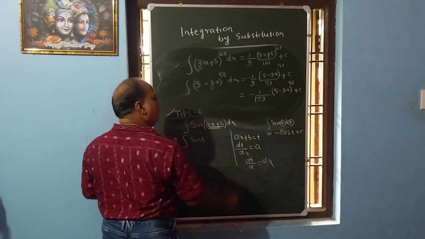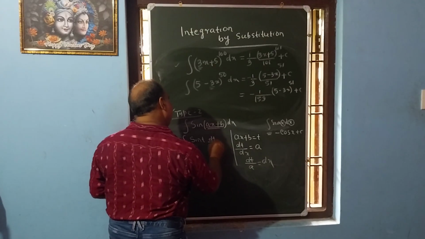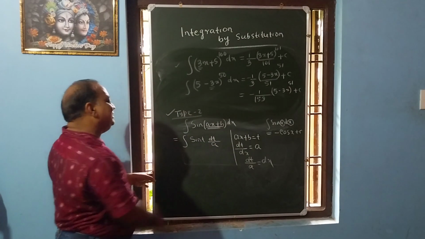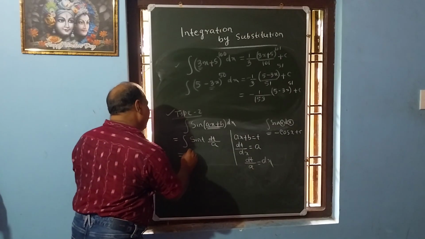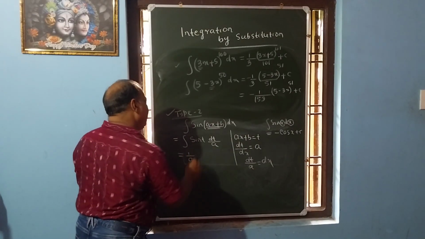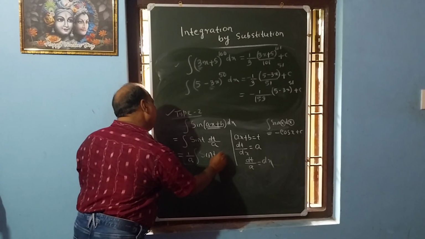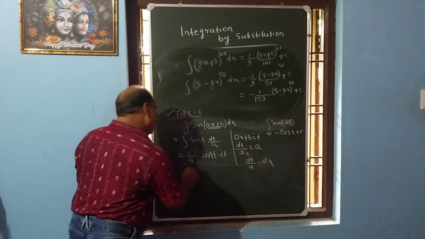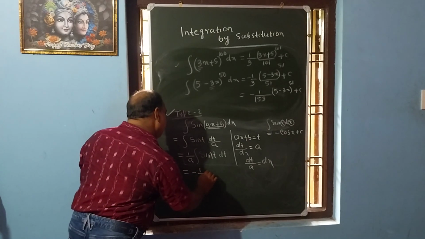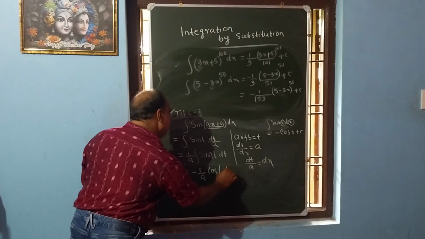In place of dx we have to put dt by a. 1 by a is a constant that will come outside. So we get 1 by a integration of sin t dt. The integration of sin t dt comes out as minus 1 by a cos t plus c.